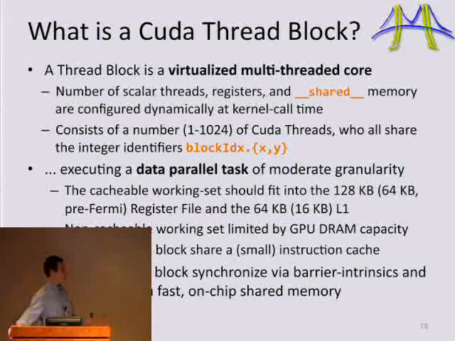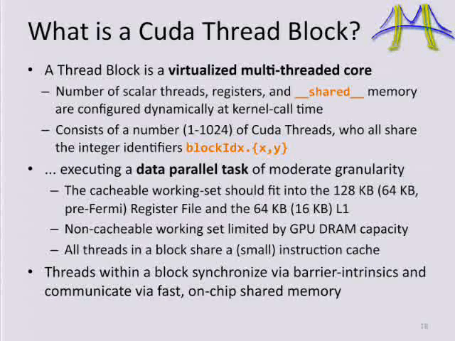So you need to map into one of these thread blocks a data parallel task of moderate granularity. So the working set should fit into the 128 kilobyte register file and the 64 kilobyte L1 cache. So the register file, notice, is twice as large as the L1 cache. And in fact, the aggregate L1 cache is much larger than the L2 cache that exists. So this inverted memory hierarchy is intended to support largely data parallel workloads where all of the work is happening at the leaves, basically.